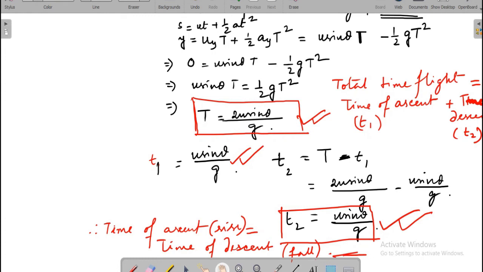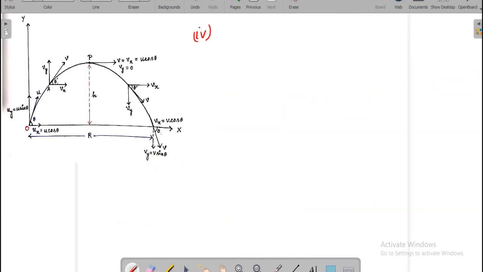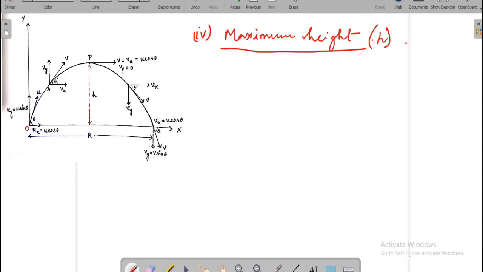Okay? Try to find out number 4. Maximum height of a projectile. It is denoted by h. It is the maximum vertical distance attained by the projectile during its journey. Now we can see at the highest point, the vertical component of velocity is 0. Therefore, we can write Vy is equal to 0. Now we have another equation of motion, v square is equal to u square plus 2as.